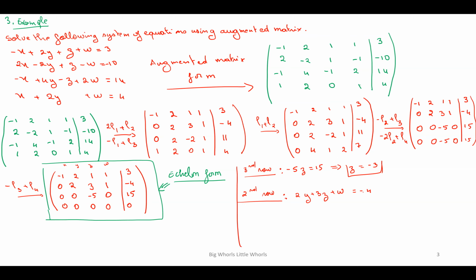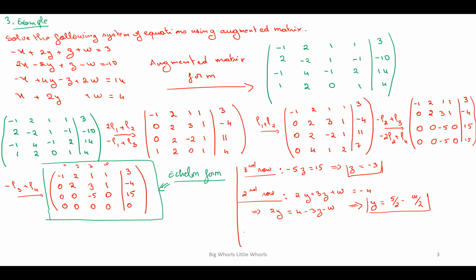If you perform the calculations and substitute minus 3 for z, you parameterize it in terms of w. So we have 2y equals 4 minus 3z minus w. If you do all the substitutions and computations, you will see that y equals 5 over 2 minus w over 2.